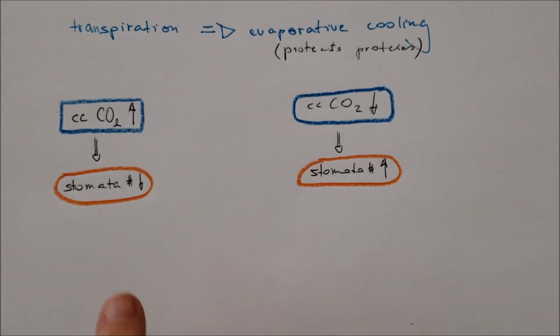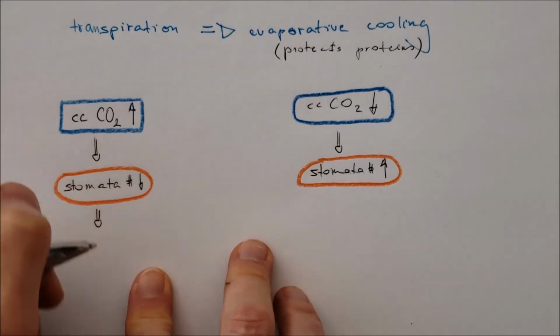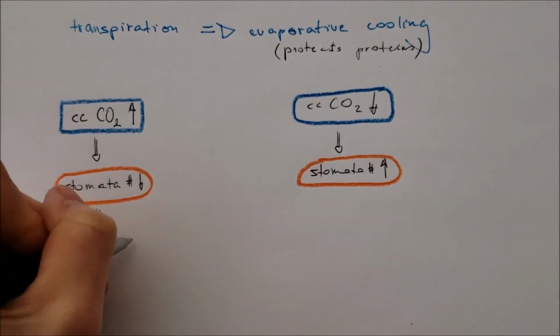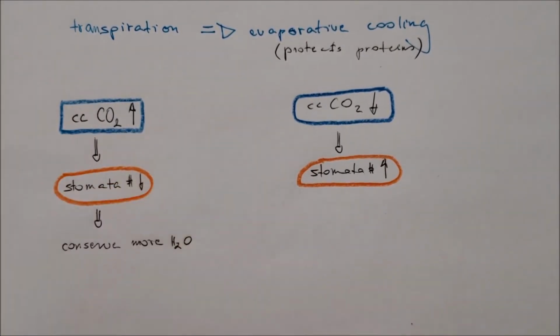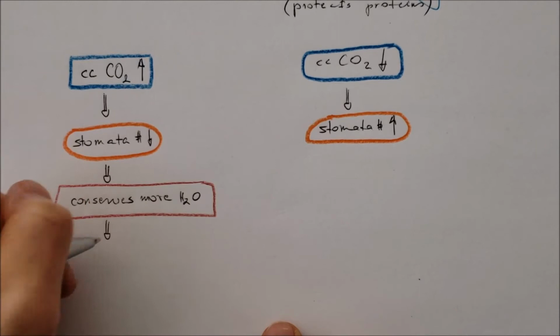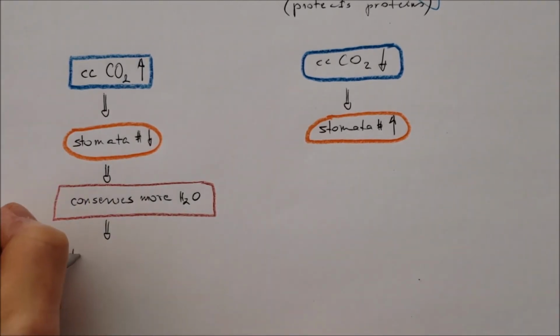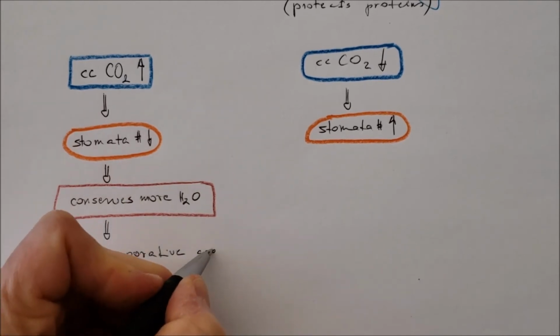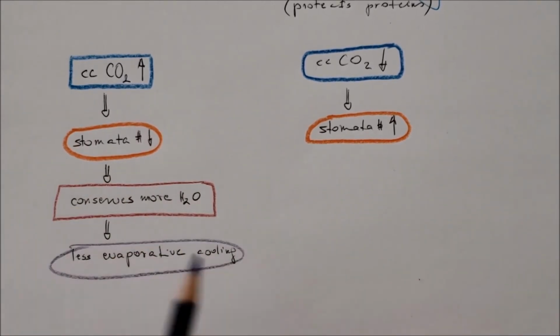So it's another selective pressure for the plants. Now, focusing on high carbon dioxide concentration, the low number of stomata conserves more water, and that's good for the plant. But that means there is less evaporative cooling, so overheating can really be a factor for the plant.